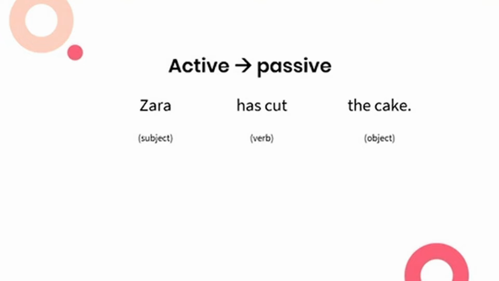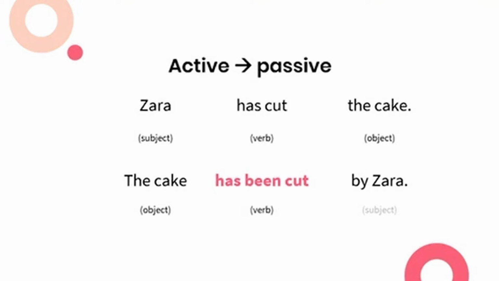So, here's the passive sentence. The cake has been cut by Zara. So, as you can see, the verb changes from has cut to has been cut. And we've got our object, our verb, and our subject that have been swapped around. Now, cut is an irregular verb. So that's why it behaves a little differently to what you're used to.